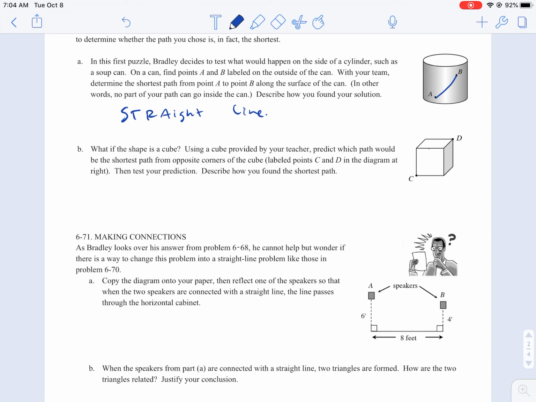So I'd go up to the midpoint, and then I'd go from the midpoint to here.